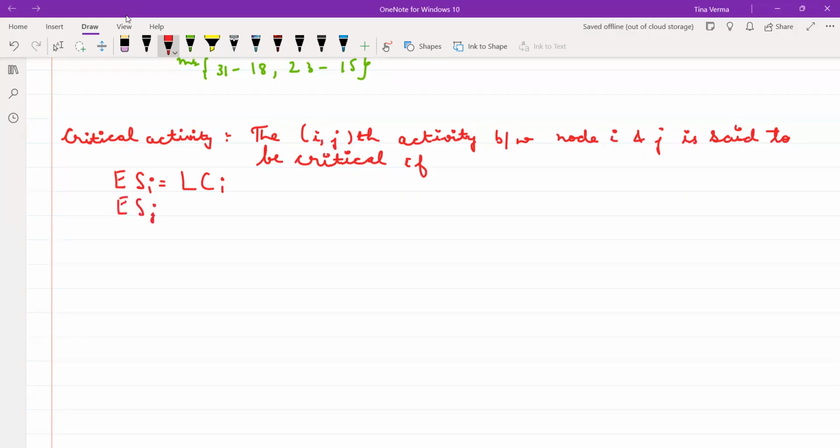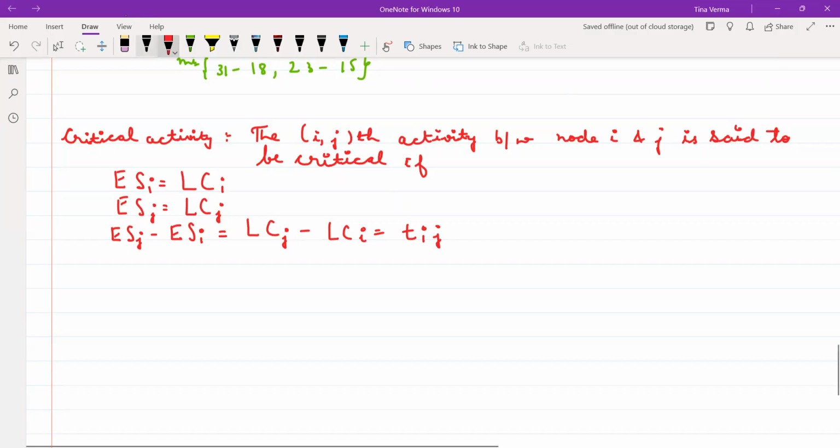ESj, that means the earliest starting time of the jth node, should be equal to the latest completion time of the jth node, because you are talking about two nodes, i and j, right? And ESj minus ESi should be equal to LCj minus LCi, and it should be equal to the time of your ijth activity. Is it clear? Yes or no? Once you write the definition, from the previous example I'll explain to you.